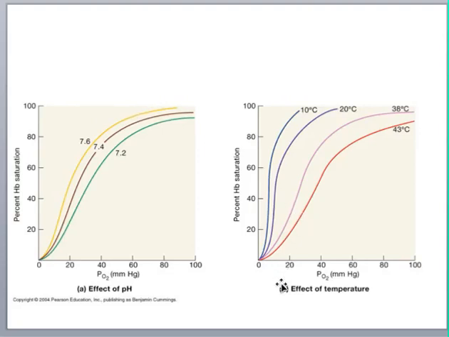All right, if we look now at the temperature effect, let's look at what normal body temperature is, about 37 degrees centigrade approximately. If we raise the body temperature to 43 degrees, this is what happens to the hemoglobin dissociation curve. Let's just go to 60, we'll go up and look at normal body temperature.